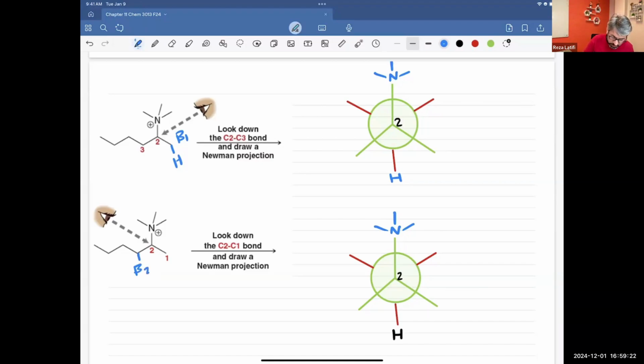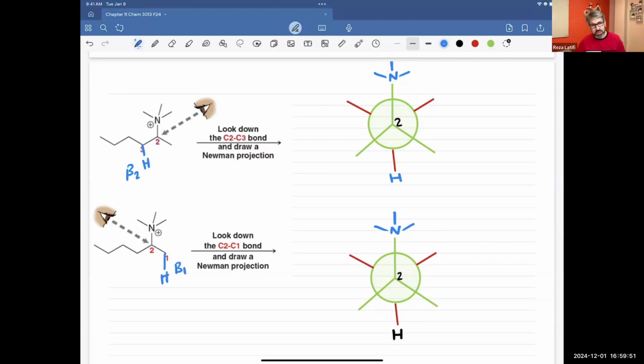Forgive me, because of the way we're looking at the bond, this hydrogen is going to be beta 2, and this hydrogen, on carbon number 1, will be the beta 1.